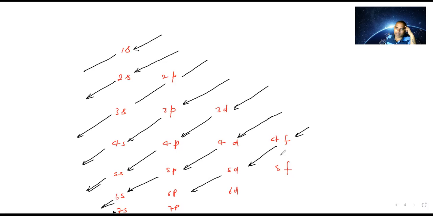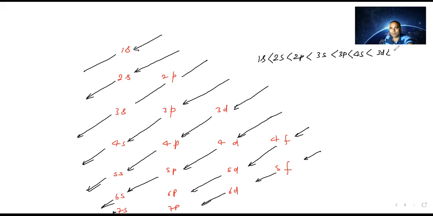Now see how you are going to fill. First 1s, then 2s, then 2p. After that 3s, then 3p, 4s, then 3d, 4p, 5s.